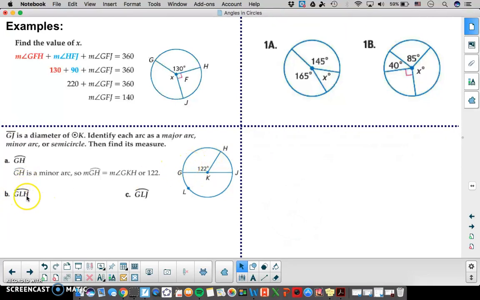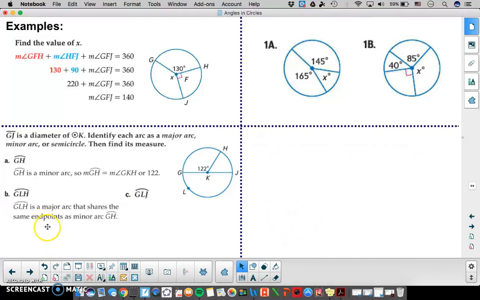For arc GLH, GL, and then all the way around to H, is that major arc that connects G and H together. So it shares the same endpoints as our minor arc, but it is on the other side of that circle from the minor arc. Notice it is more than halfway, so it's a major arc.